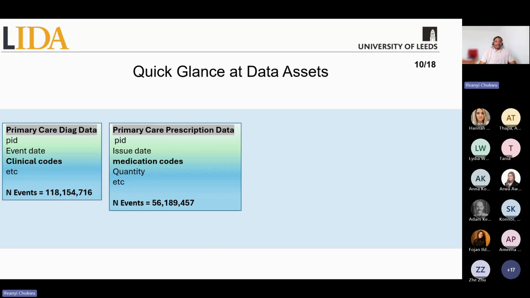As someone who is not a clinician, I may not really understand this medication code, and that's why I need to work with experts to highlight these clinical codes, medication codes. There are thousands and thousands of them to go through and pick out the ones that are relevant and include them in the study, in the script. So there are usually 3 types of clinical code, but I won't really go deep into that now.